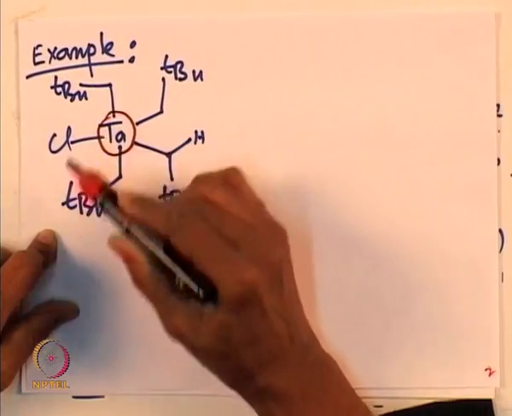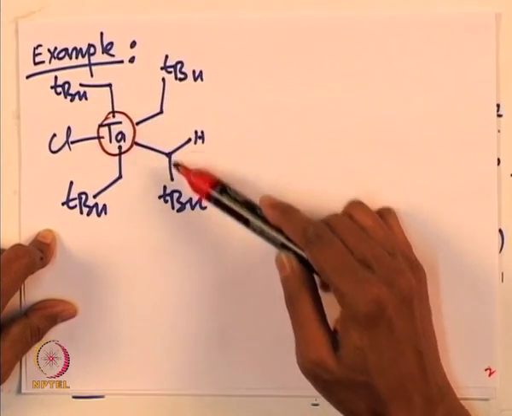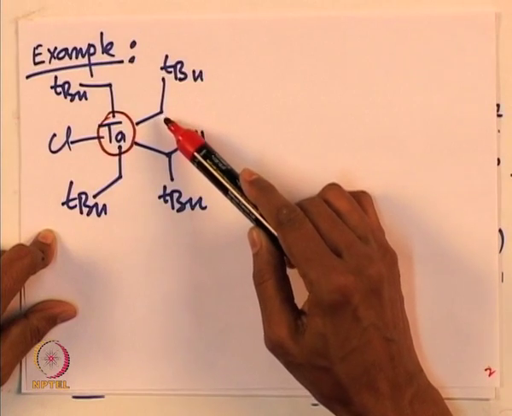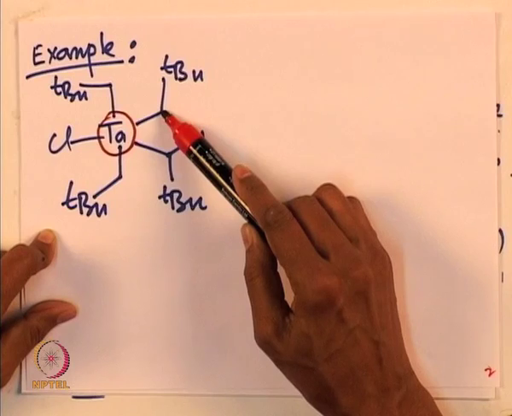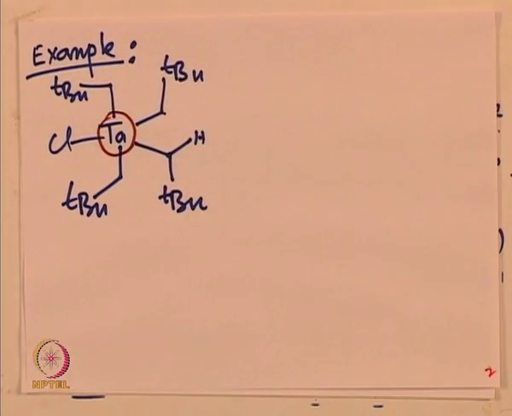Now we have this tantalum at the center, and we do see one alkyl group, two alkyl groups, 3 and 4. Most interestingly, you see that at every alpha carbon center there is a hydrogen atom available, but at the beta center there is no C-H bond available.